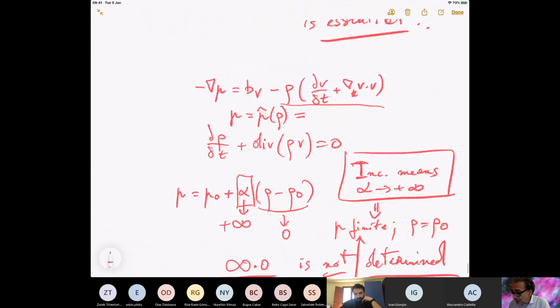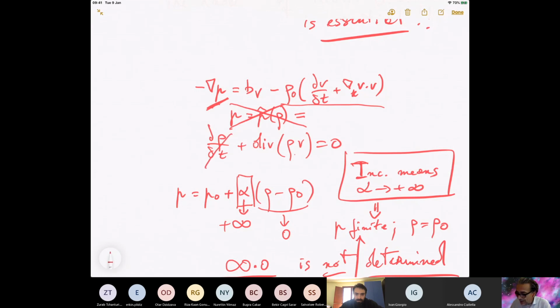So what happens to our equations? This becomes meaningless. This becomes rho 0. P remains unknown, to be determined using the first equation. D rho over dt is 0.